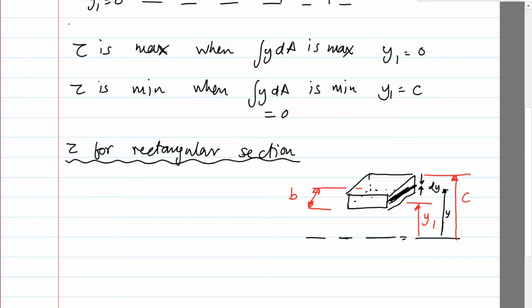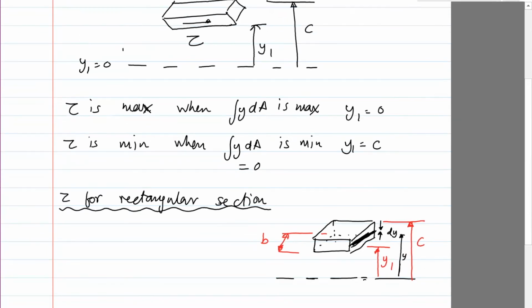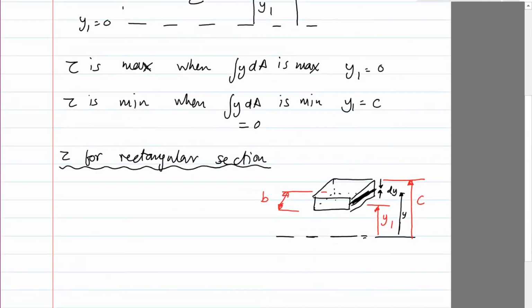Now we're in a position to find the shear stress, VQ divided by Ib. V is fixed for that section, and I and b are fixed, so we only need to figure out what Q is. Once you have Q, put it in the formula. So Q equals integral from y1 to c of y dA. Now dA is the cross-sectional area of this thin element, so it's b times dy.